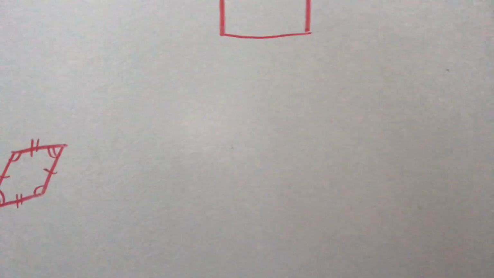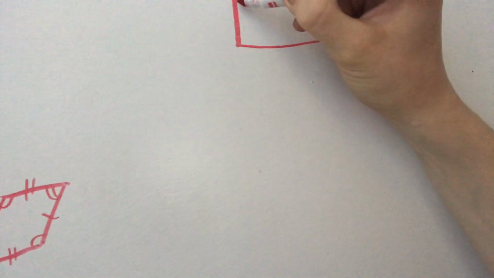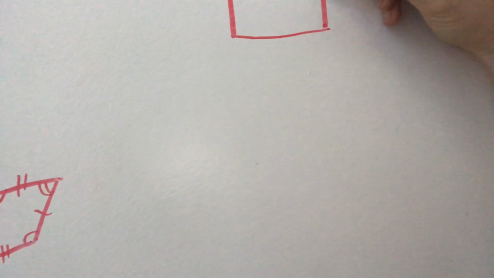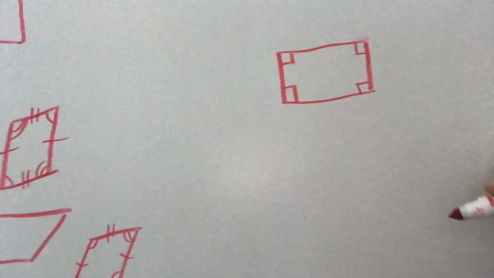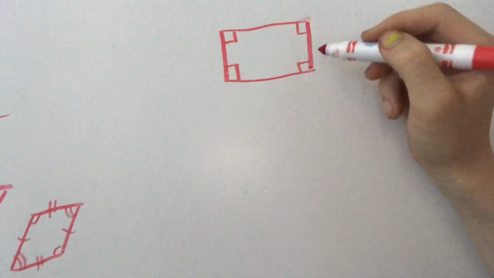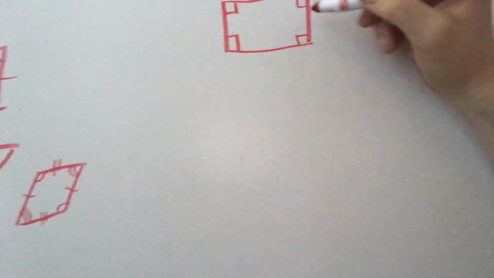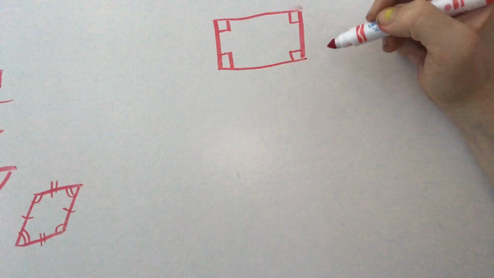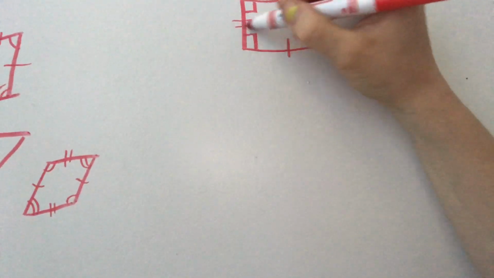A rectangle is a four-sided shape, a quadrilateral, in which all of its internal angles are 90 degrees, which means, because the opposite angles are all the same, the opposite sides are parallel, and the opposite sides are the same length as one another.